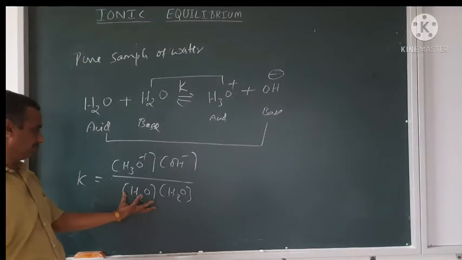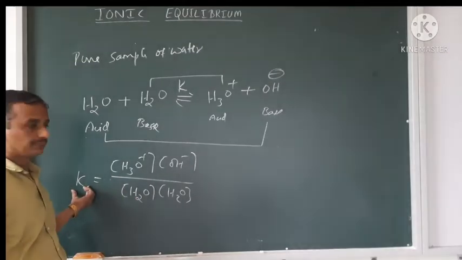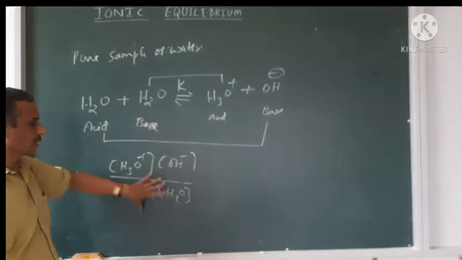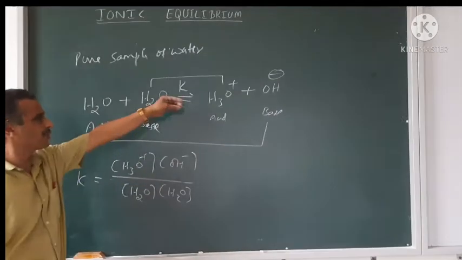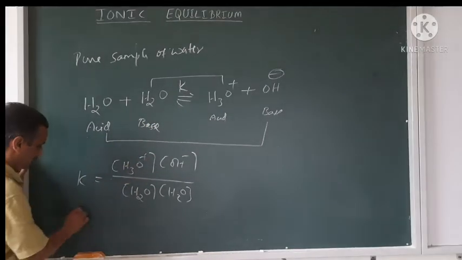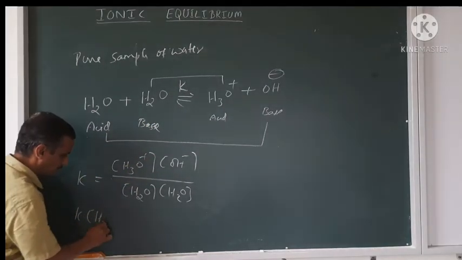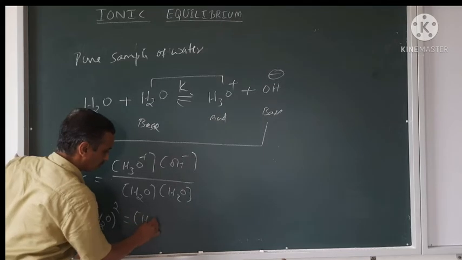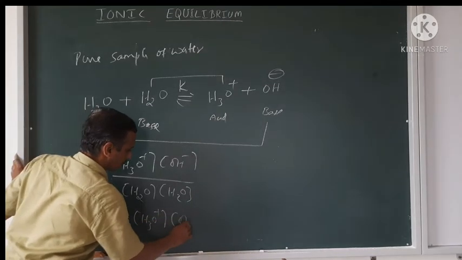And remember here, this is constant. Almost all the water molecules remain constant, only a few will go to H3O plus and OH minus form. Means K into H2O square is equal to H3O plus into OH minus.